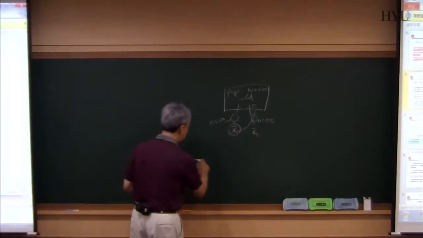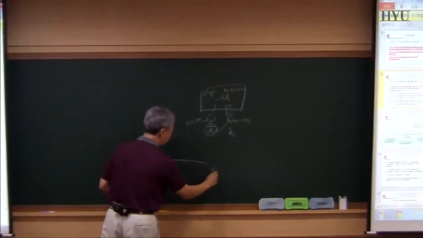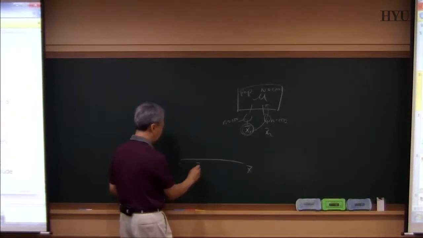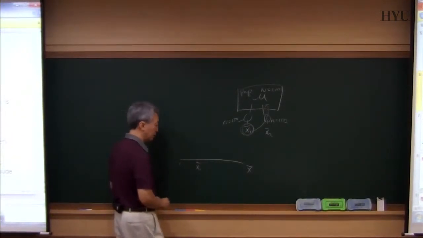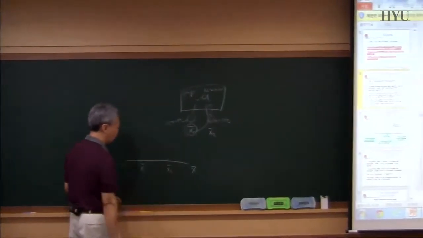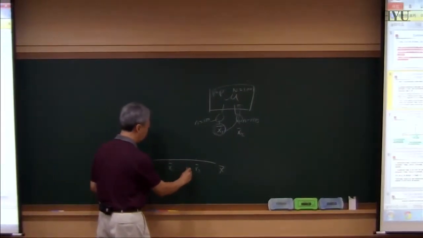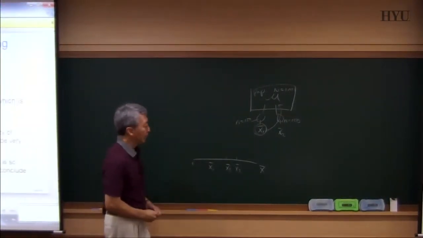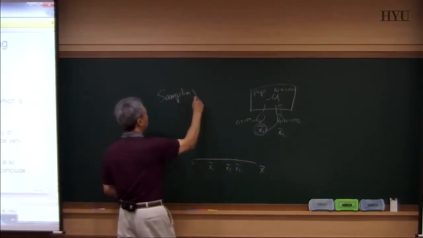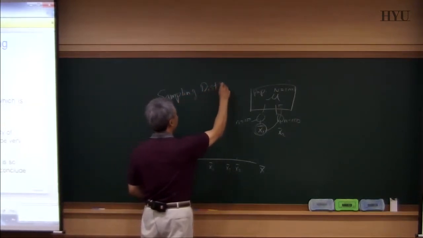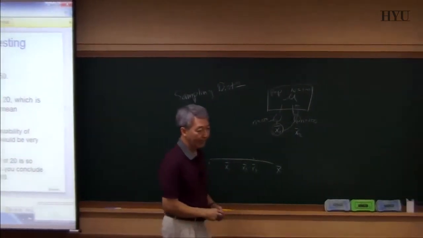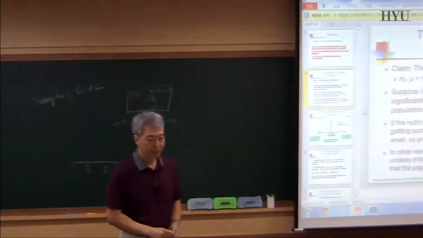So we can think about some distribution of sample means, okay? Sometimes you may get a little bit small number for the sample mean. Next time you take another sample, you may get quite a different number, and so on, right? So that's what we call sampling distribution. Sampling distribution is the distribution of a sample statistic.